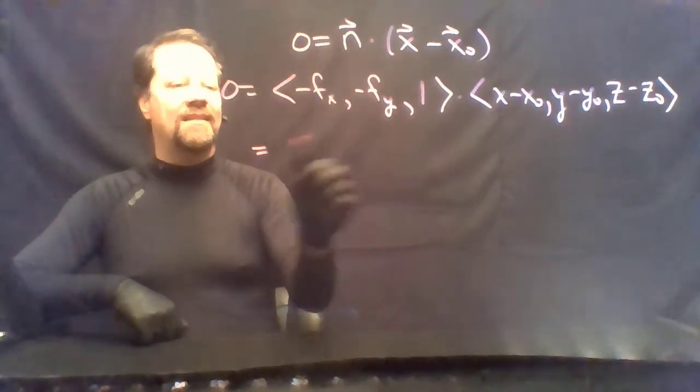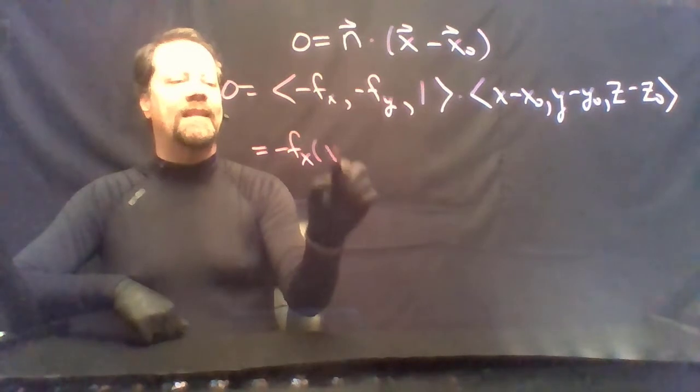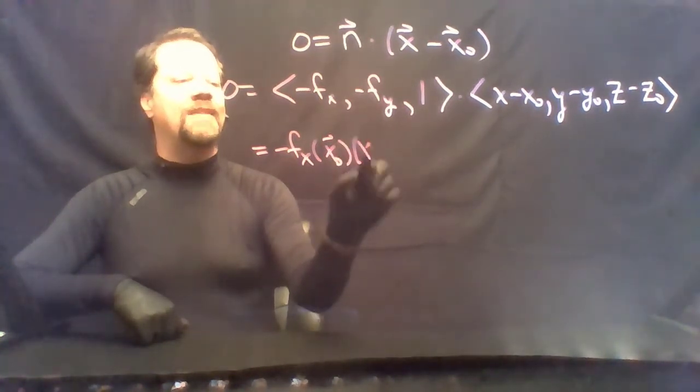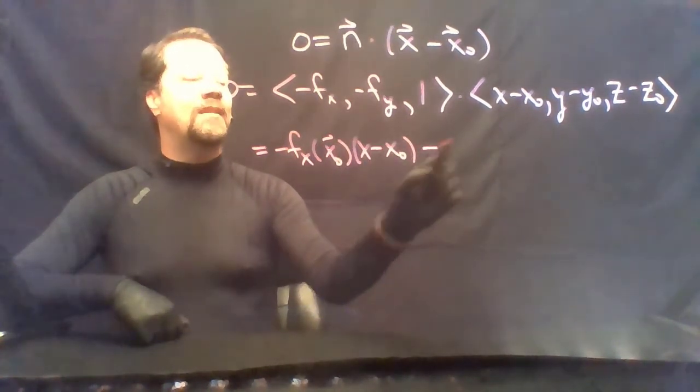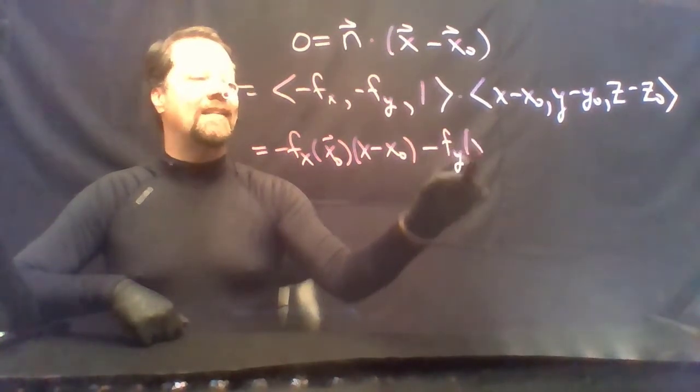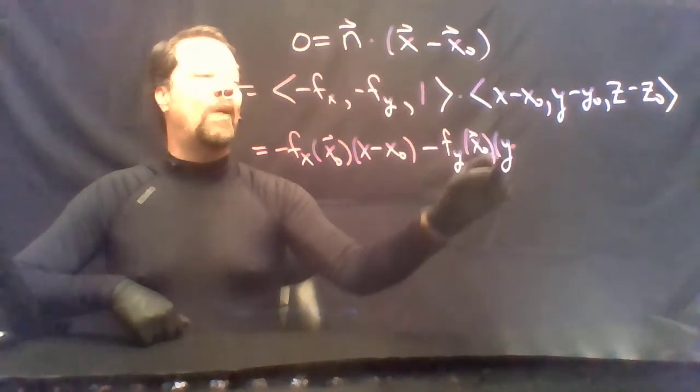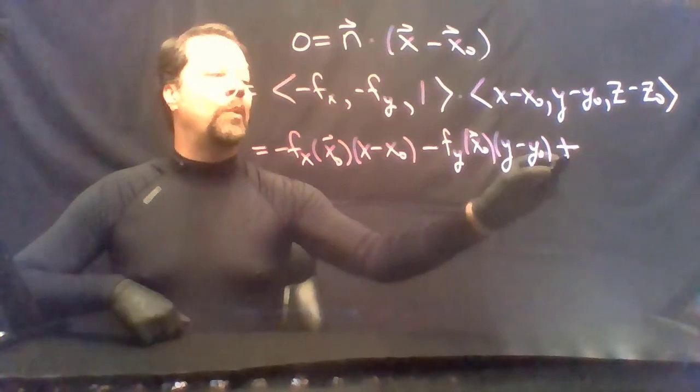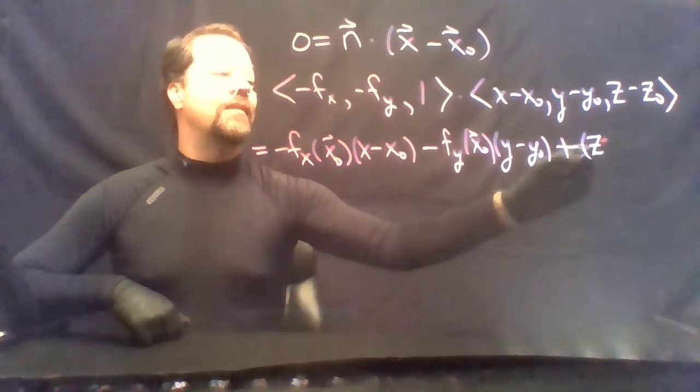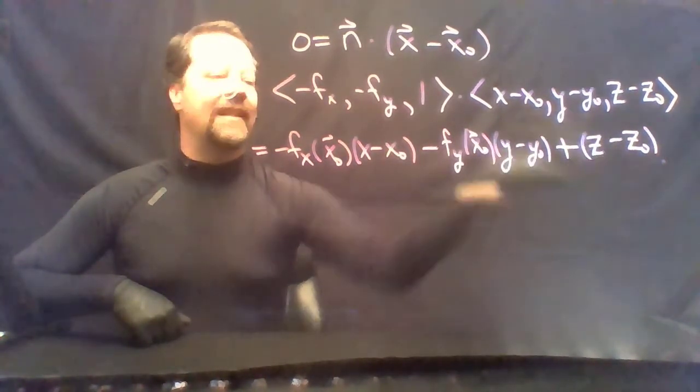This gives us minus fx at x naught times x minus x naught, minus fy at x naught times y minus y naught, plus z minus z naught.